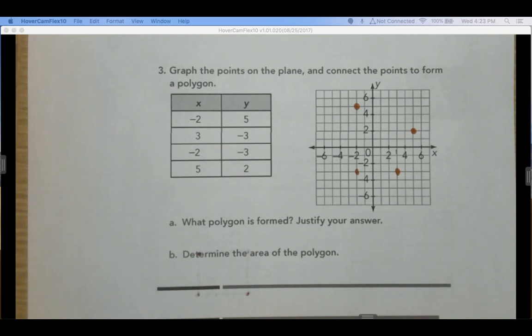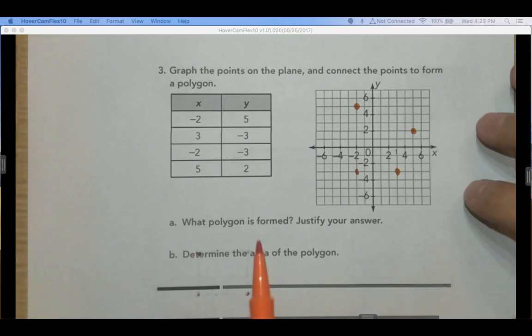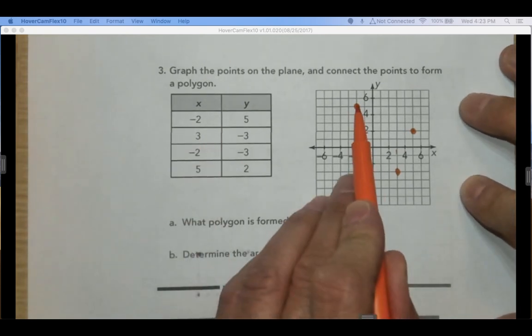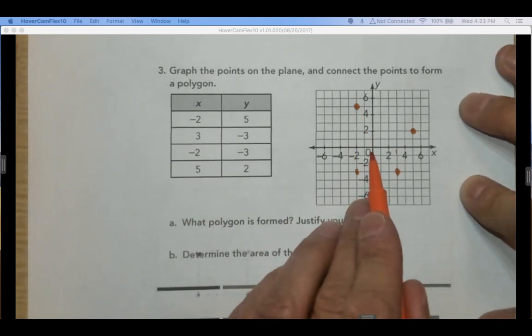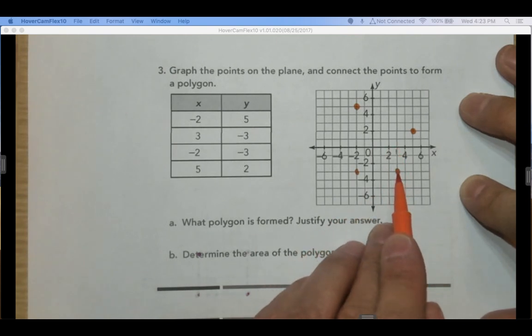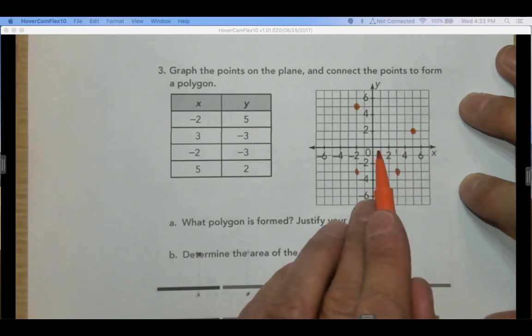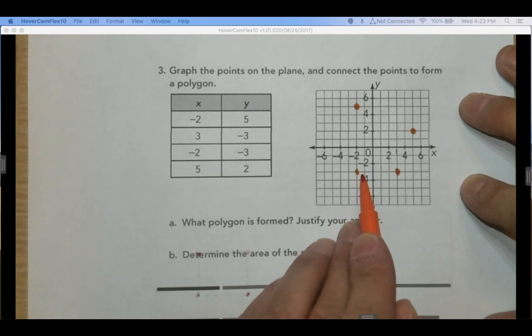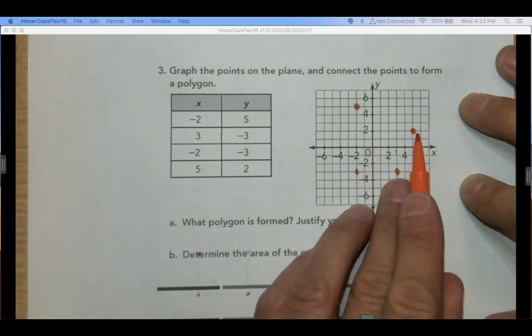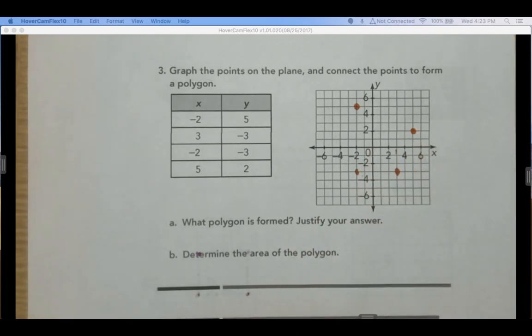I feel like I made a mistake. That's why I'm looking. Okay, let's see here. -2 and 5, good. 3 and -3, good. -2 and -3, 5 and 2. All right.